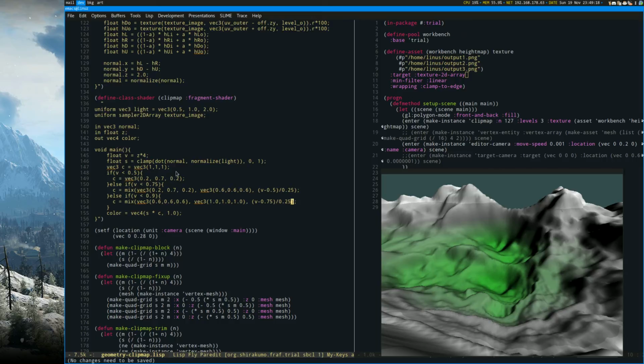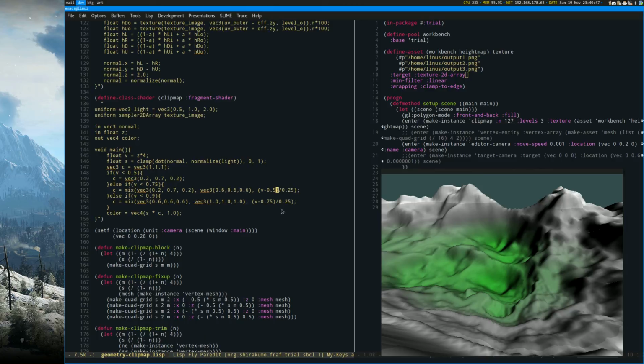Smaller than that, we just set it to green, and then looks pretty good now. And there's still edges. You go from 0.5 to 0.75. Yeah, so that's a range of 0 to 5.